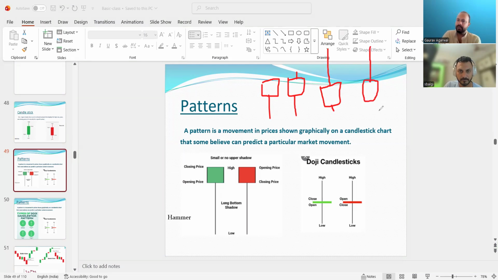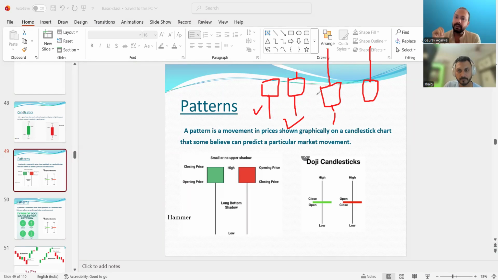So we will have to see four types of hammers in the market. This is a normal hammer which doesn't have an upper wick. Here we have a hammer which has an upper wick. This is called an inverted hammer. This is also called an inverted hammer, without the lower wick. So these are the four candles that we have to see as a hammer.